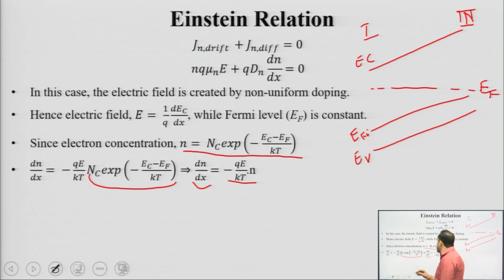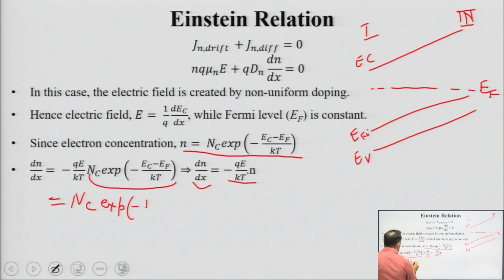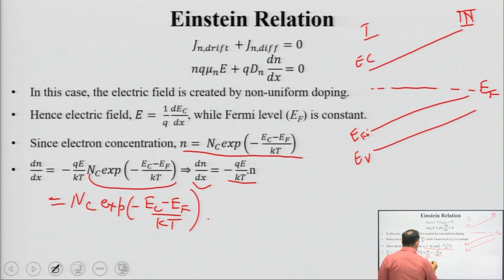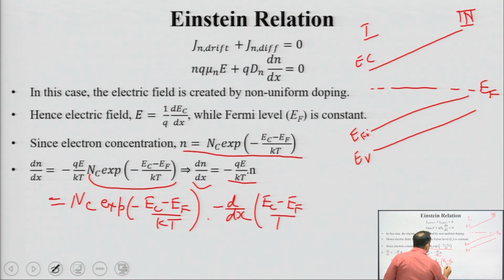Why? When you differentiate this, it is only going to give you dE_c/dx, because E_f is constant. When you differentiate this term here, you are going to get N_c exponential of minus (E_c minus E_f) by kT, and minus d/dx of (E_c minus E_f) by kT.